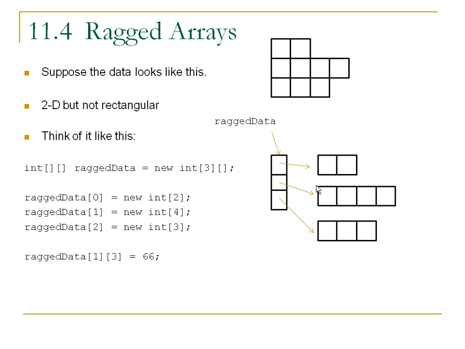That's the actual data that we've allocated. If ragged data sub 1 sub 3 gets 66, where does that go? This is row 0, this is row 1, column 0, 1, 2, 3, so the 66 would go here.